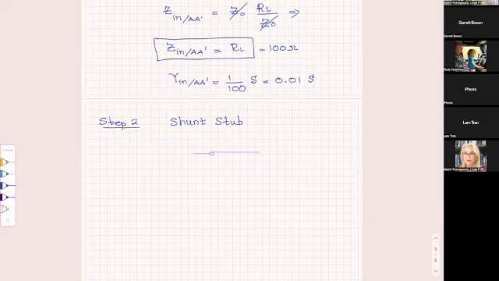That's the stub. That is shorted at the end, in our case. And that is distance D, that is Z naught. And here this is A prime. And this is here the input impedance, Z stub rather.